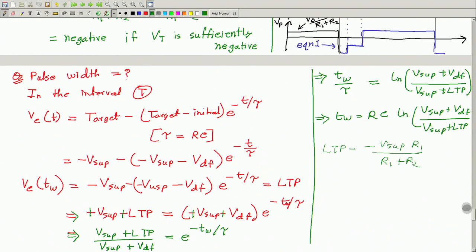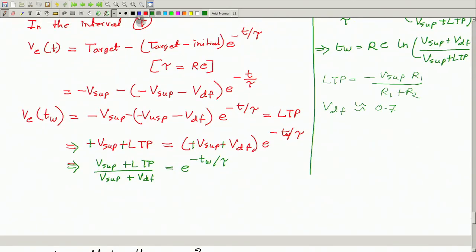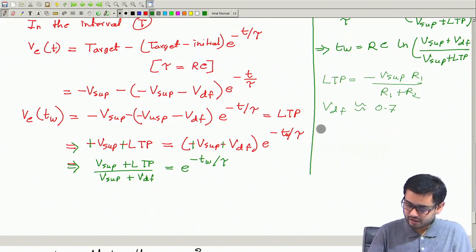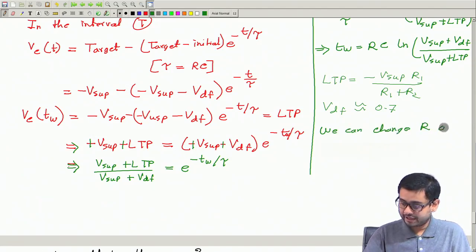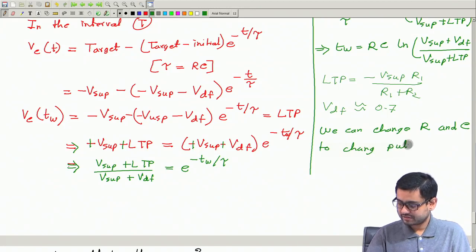You can put this value here, VDF is approximately 0.7 volt, and now we can change R and or C to change the pulse width.